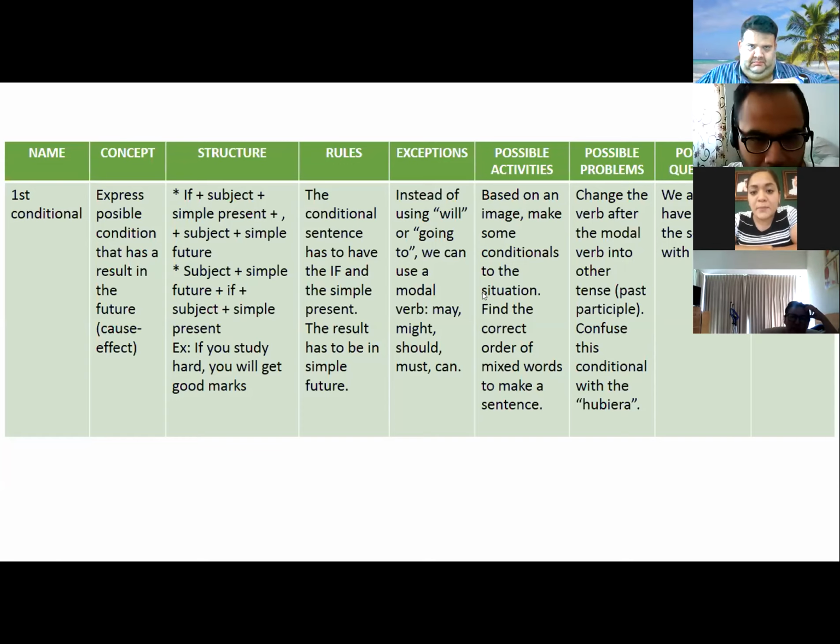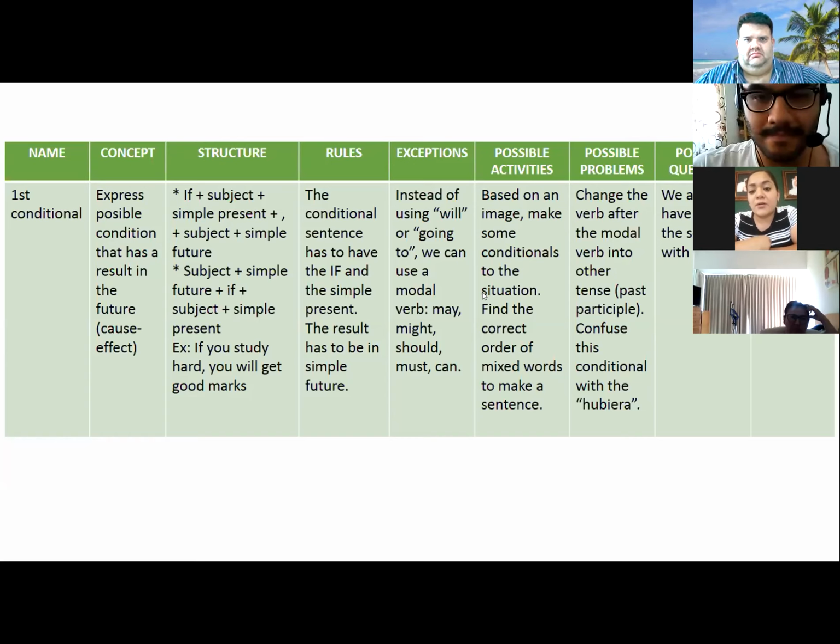As possible activities, we could, based on an image, make some conditionals for the situation and find the correct order of mixed words to make a sentence in first conditional.